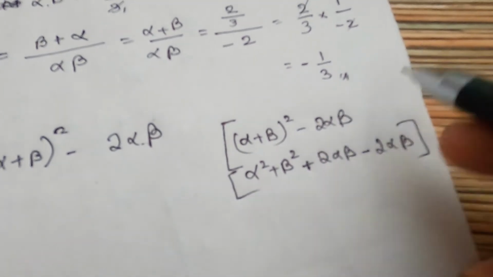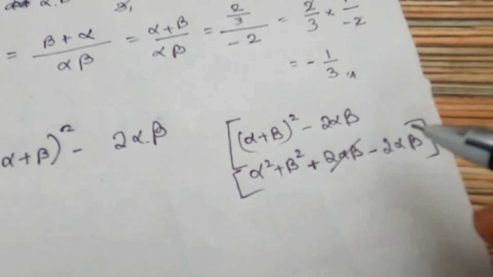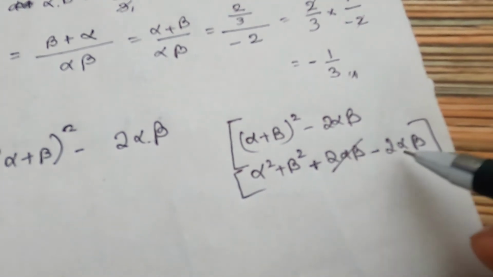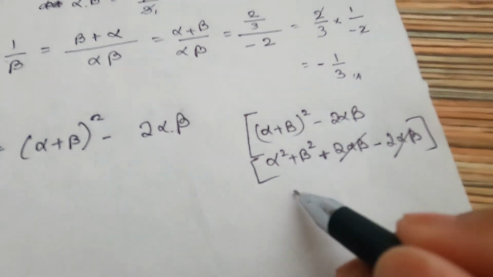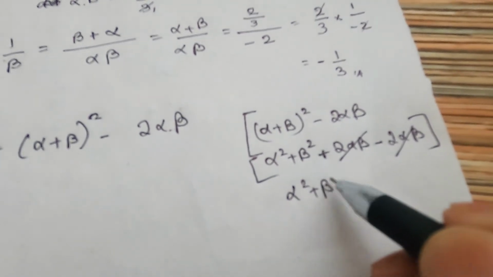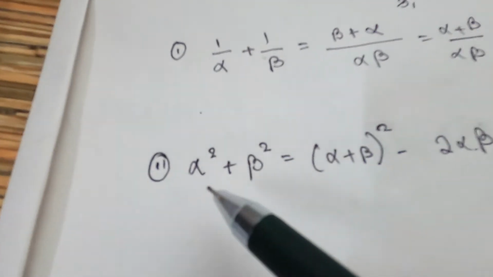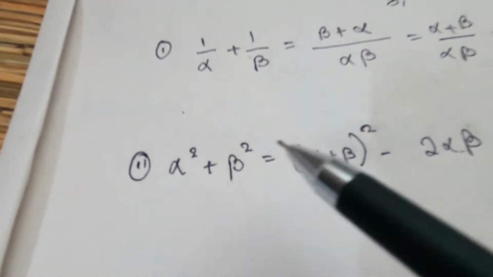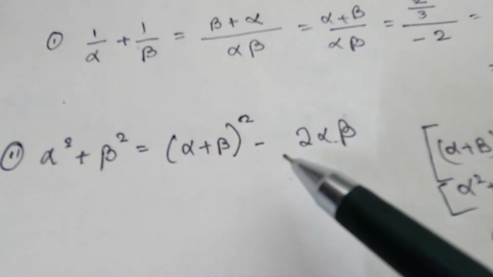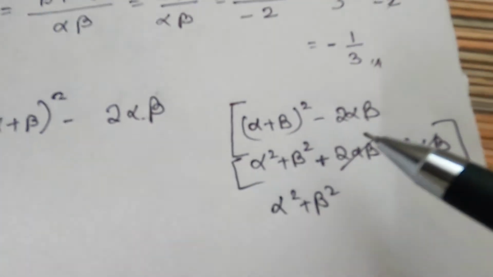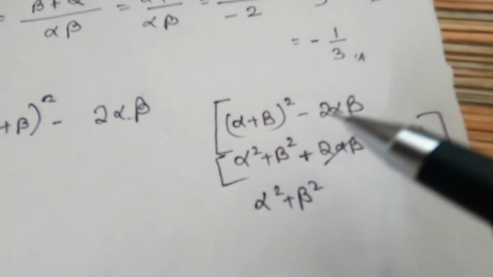The 2 alpha beta and minus 2 alpha beta get cancelled, so we are left with alpha square plus beta square, which is the same as this. That's why we are rearranging like this. I hope it is clear.